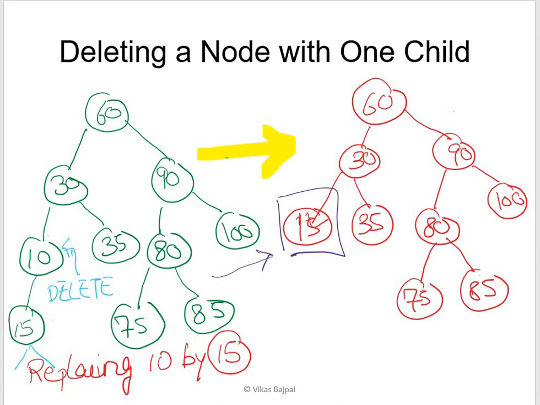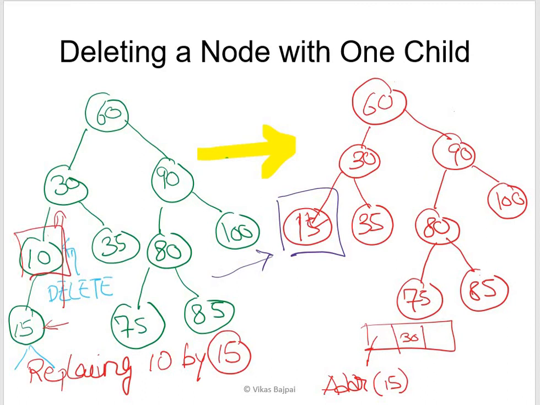Easiest implementation is copy the address of this particular node to this. That means on this particular node 30, instead of having the address of 10, now I'll have address of 50. That's how we'll be able to, and we can of course release this particular memory. So once again, a pretty simple concept.